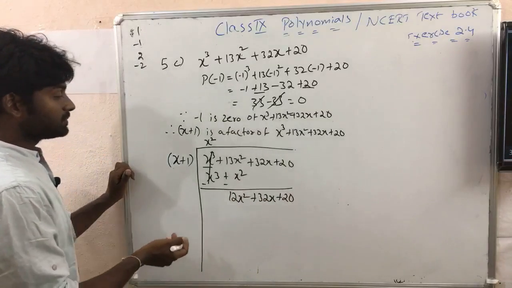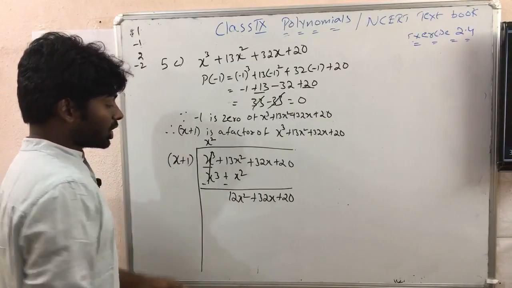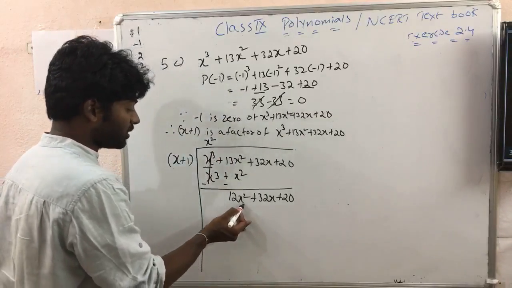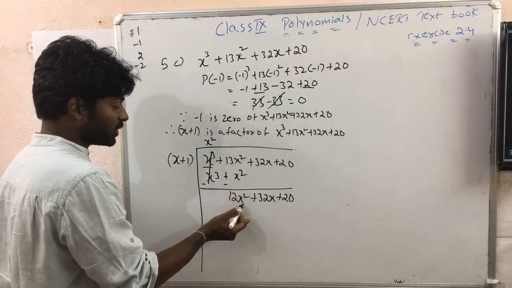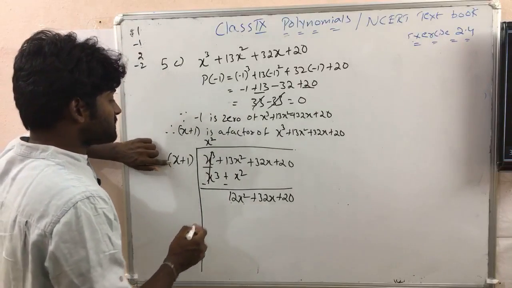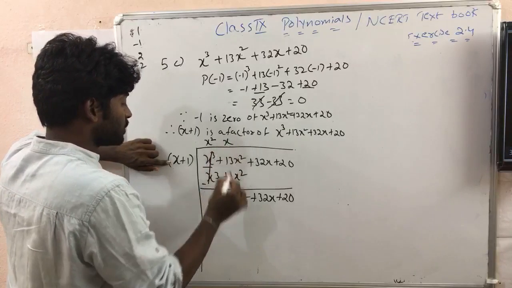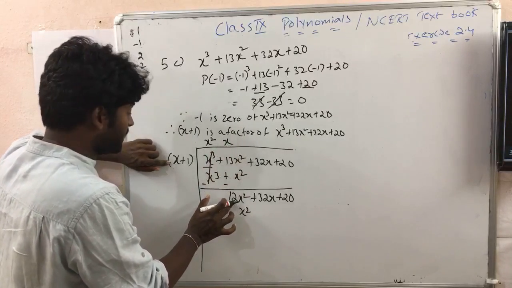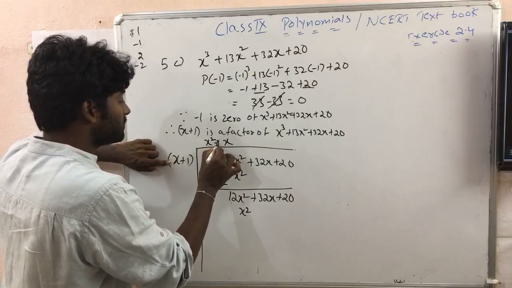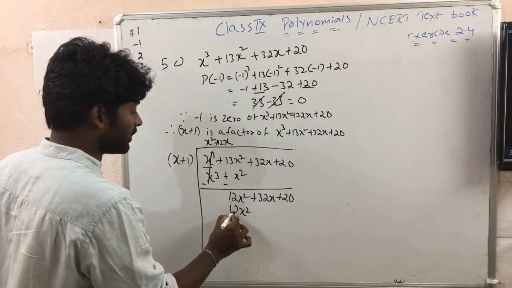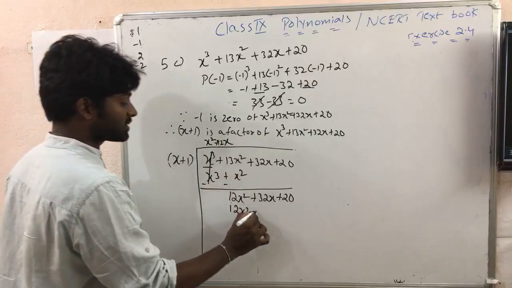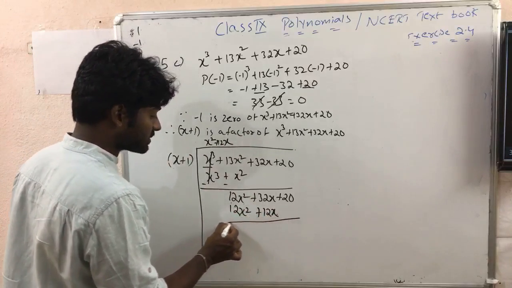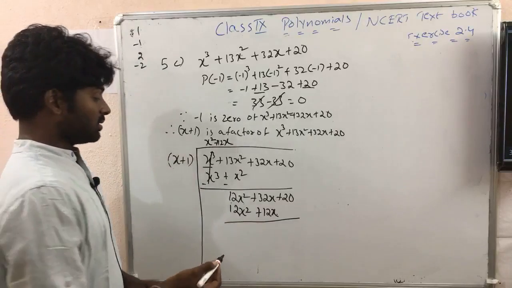Now concentrate on the first term. It is 12x square. So x is multiplied with x to get the x square term, but the coefficient is 12, that is plus 12. So x into plus 12x gives 12x square, plus 1 into 12x, plus 12x.